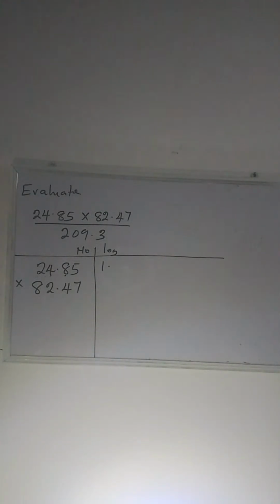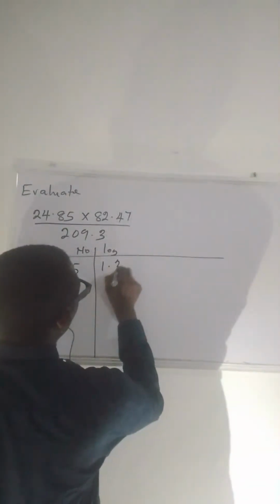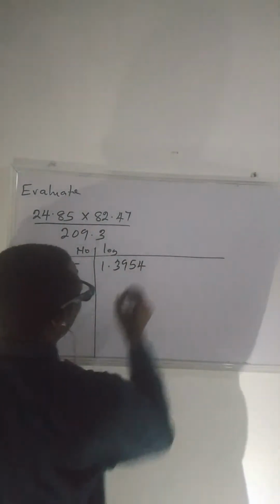I can see a lot of answers coming in. All right, if you do it correctly, this is what we're supposed to have: 3954. Okay, that's good. Those of you that got 3954, that's very good.